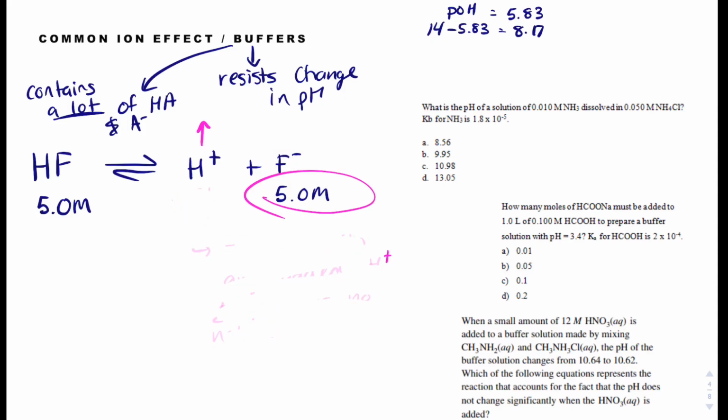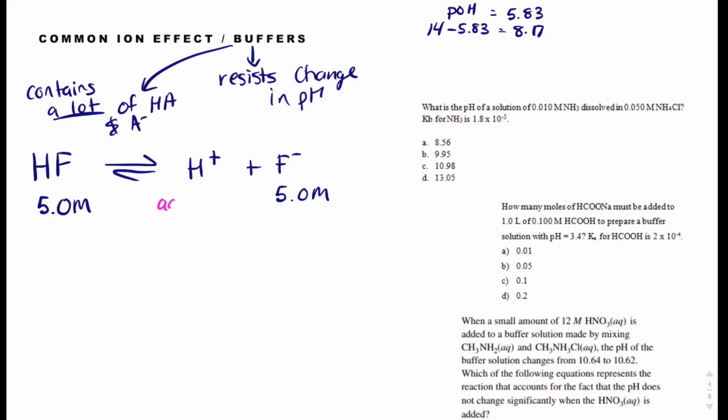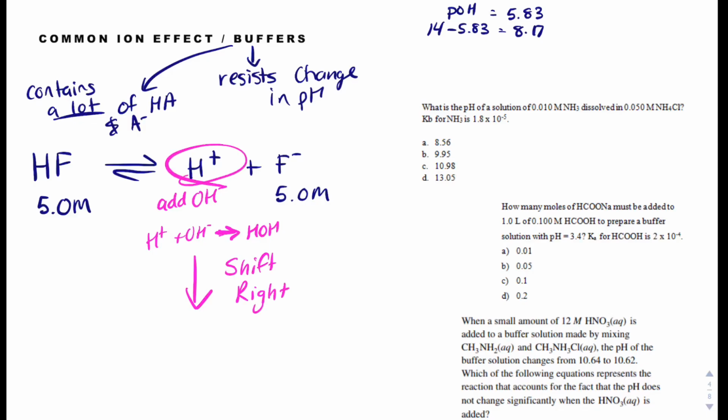Now, let's say I add hydroxide. Well, H plus plus OH minus yields water, and I should really use a yield sign instead of an equal sign, so my H plus concentration decreases. That's going to cause my reaction to shift right because it's going to try to replenish the H plus. Well, if I'm shifting right, my reactant HF needs to be present because that is what's going to produce my products.